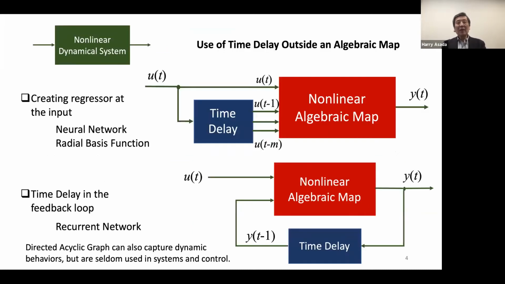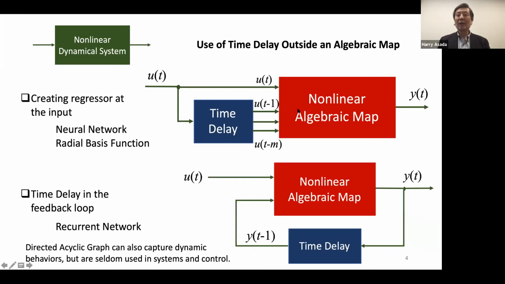The other method is to use time delay outside of an algebraic map. In the first case, the incoming input u(t) is tapped to produce not only u(t) but u(t-1), u(t-2), up to u(t-M). All these are fed into a nonlinear algebraic map, so dynamics are created outside of this map.